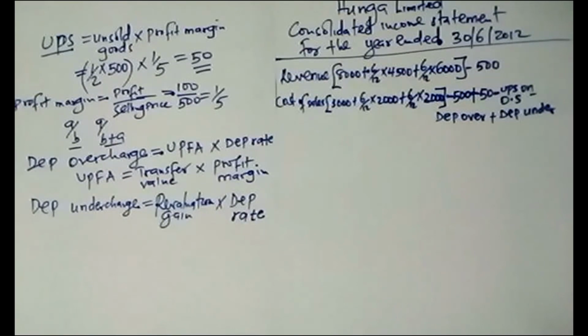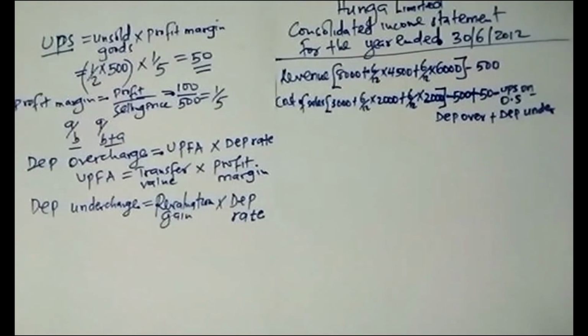Revaluation is the difference between the fair value, which is called the market value of an asset, and its carrying amount, or the net book value. That is what we call revaluation gain. So in short, that is what we call revaluation.